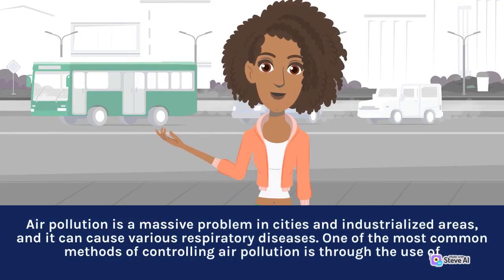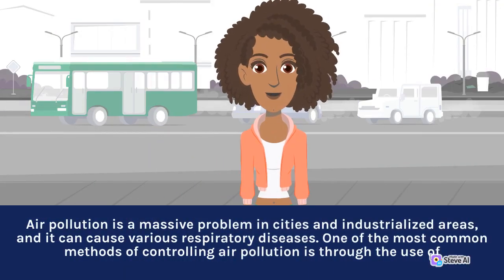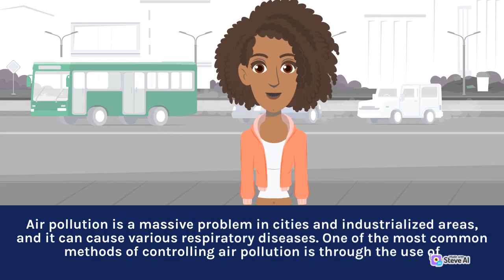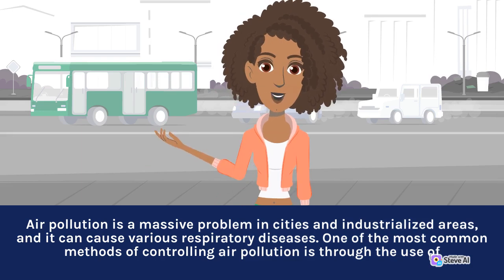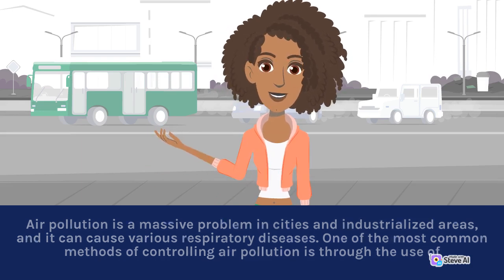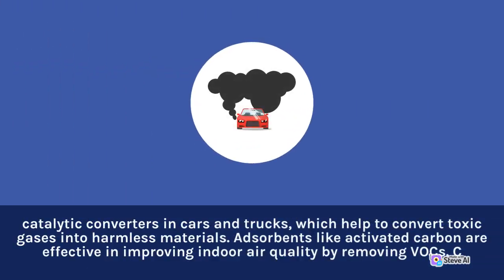Air pollution is a massive problem in cities and industrialized areas, and it can cause various respiratory diseases. One of the most common methods of controlling air pollution is through the use of catalytic converters in cars and trucks, which help to convert toxic gases into harmless materials.